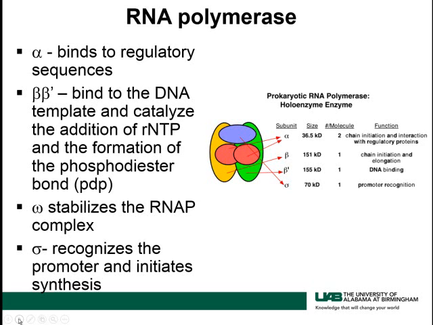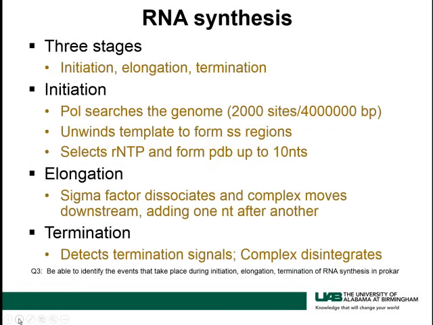The omega subunit stabilizes the RNA polymerase complex, and the sigma subunit recognizes the promoter, and it is the subunit that initiates the RNA synthesis.